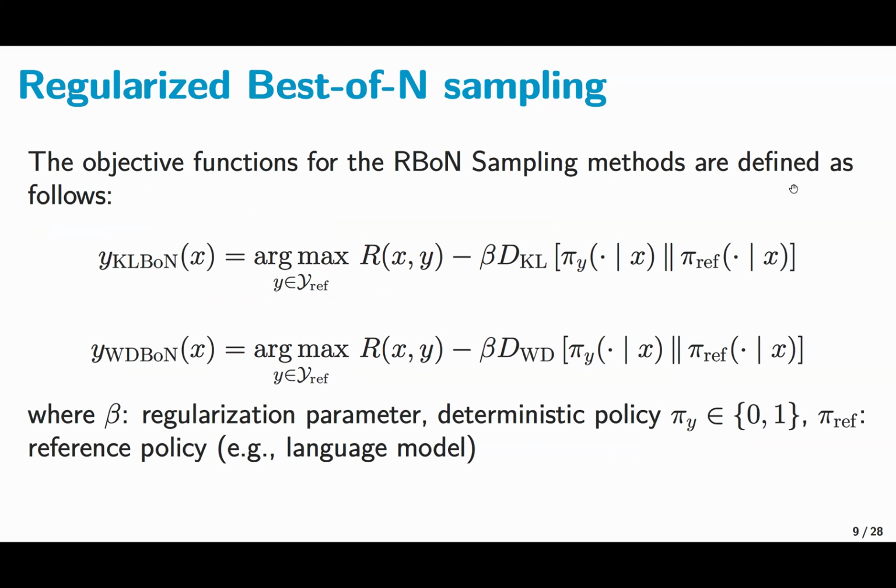The intuitive explanation is the BoN method plus a regularizer function, like KL or Wasserstein distance, to get the optimal output Y. The regularizer constraint is a deterministic policy, like pi(Y). Under a different policy, if we put a stochastic policy rather than a deterministic one, maybe the optimal output can be not Y but a stochastic policy.